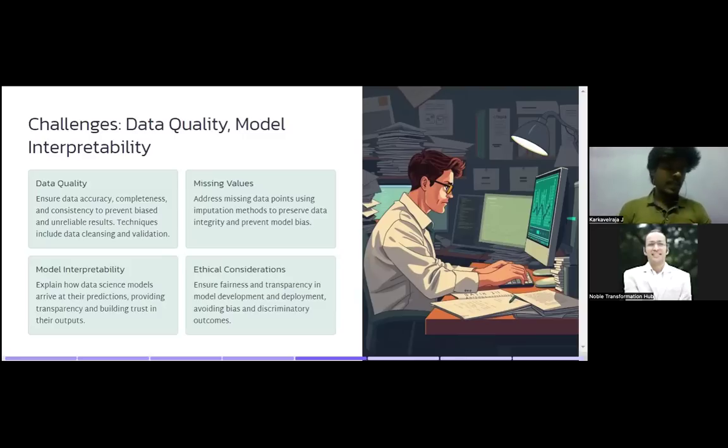Then model interpretability. Explain how the data science model arrives at its predictions, providing transparency and building trust in the outputs. Guys, we're going to have the machine learning session after four to five sessions. Then you're going to see there will be no interpretation unless you have a perfect understanding of the mathematical concept behind it.